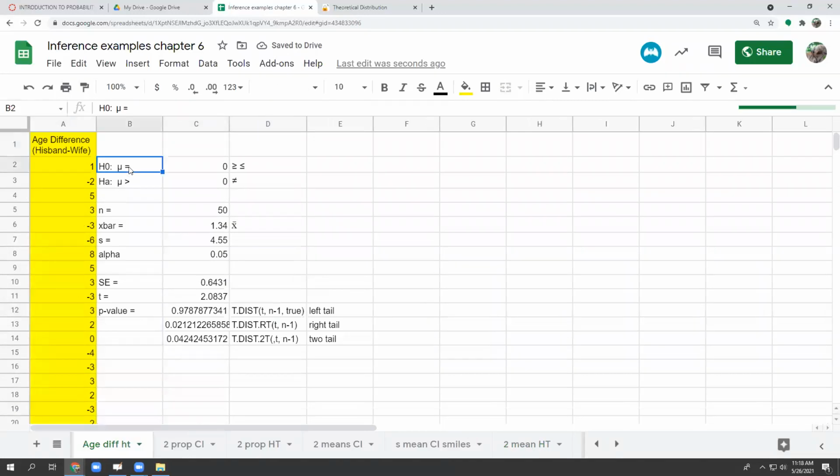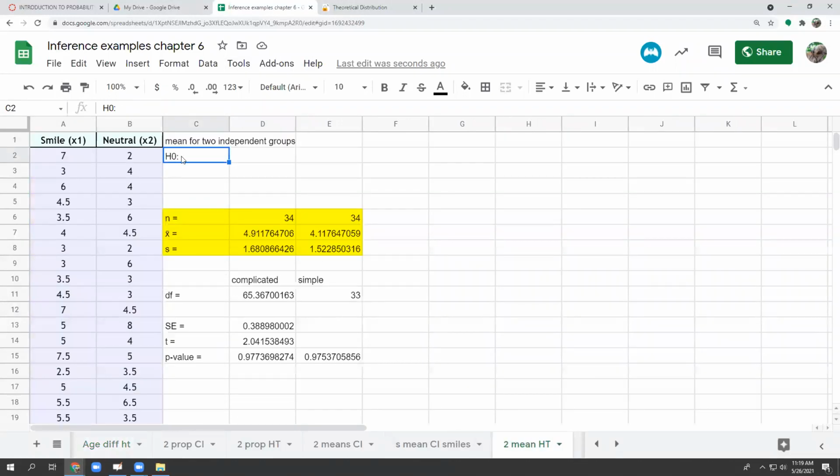Let's grab mu and paste that in. In word processors, you can grab mu easily. In spreadsheets, it's a little harder. So we're just going to say for the null that there's no difference, meaning mu1 equals mu2 is the standard way to write that.